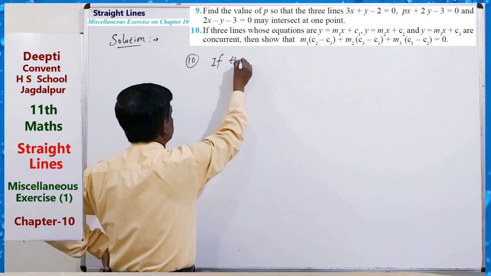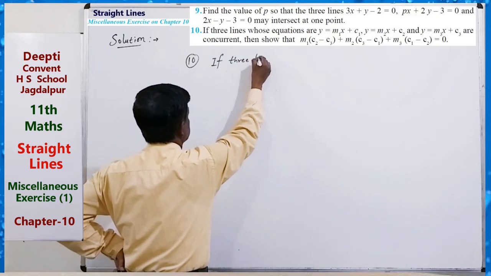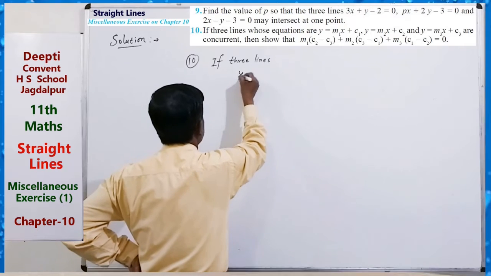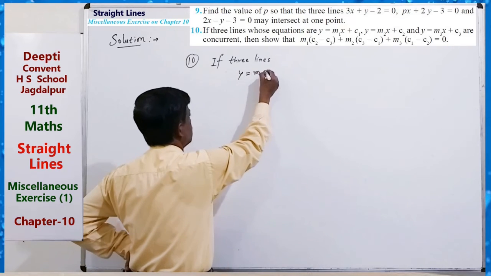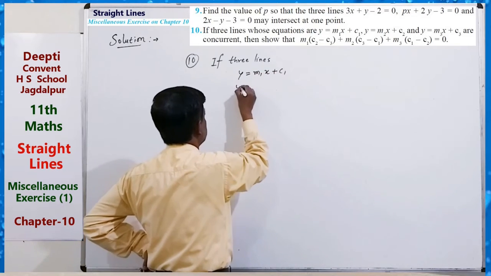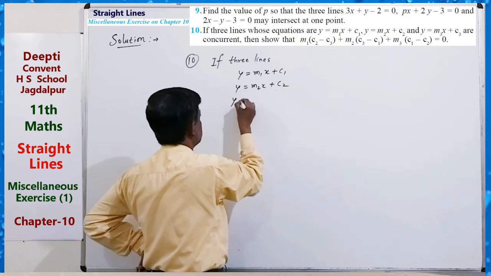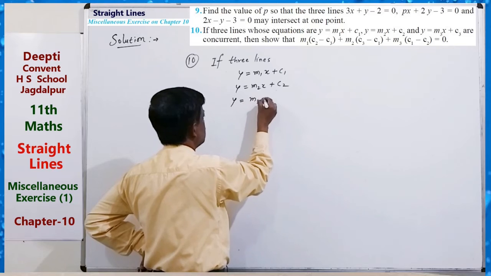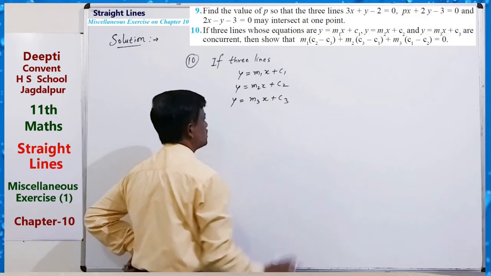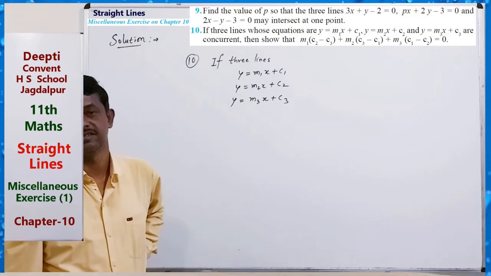If three lines y equals to m1 x plus c1, y equals to m2 x plus c2, y equals to m3 x plus c3. This is the standard form. These are three lines.